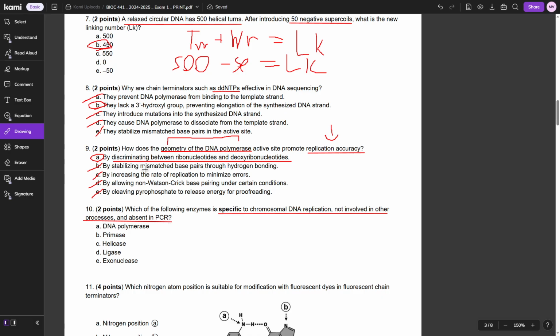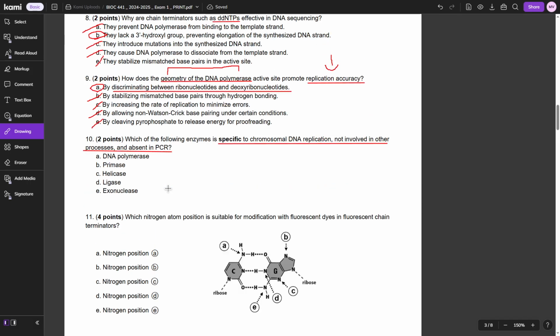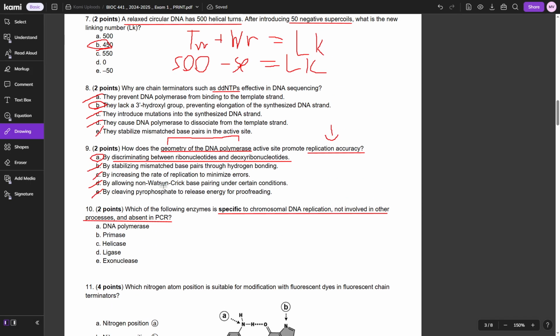I don't think you guys have actually done DNA replication yet. I'll go over this question anyways. So, specific to chromosomal replication, not involved in other processes, and absent in PCR. I think I actually got this question wrong on the exam.